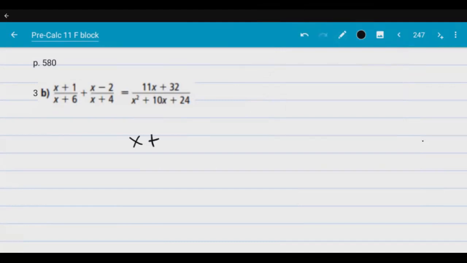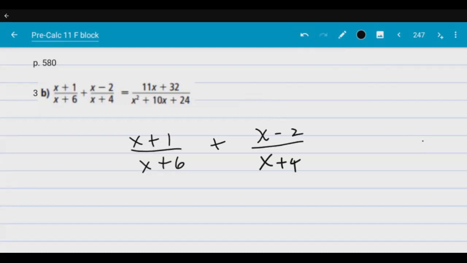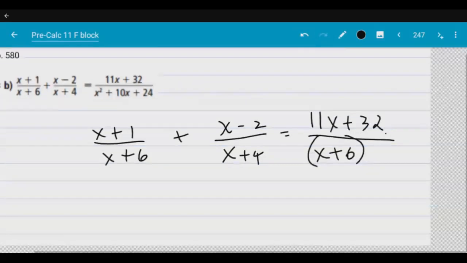I'm going to write it over here. I'm rewriting the question. x plus 1 over x plus 6 plus x minus 2 over x plus 4 equals 11x plus 32 over x squared plus 10x plus 24. But we already saw that this is what it is.